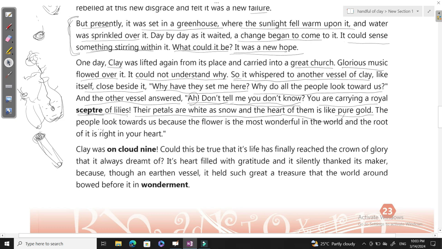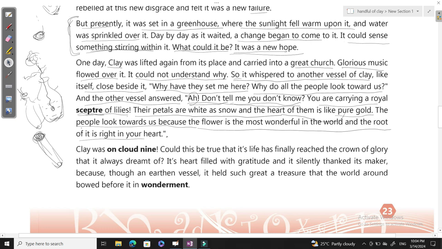The people look towards us because the flower is the most wonderful in the world and the root of it is straight in your heart. Okay, so today the flower that is bloomed on you will be offered to this scepter.